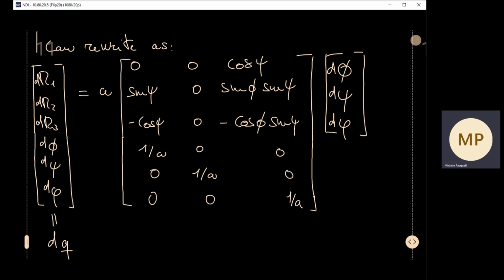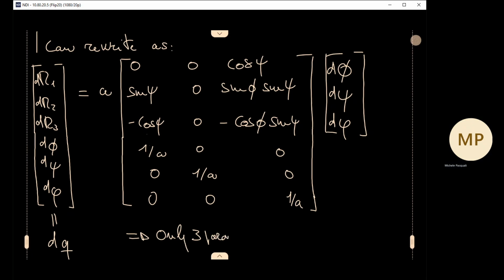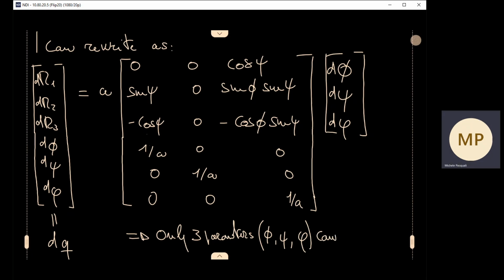Okay, so what we can eventually say is that only 3 parameters, namely phi, capital Phi, psi, and phi, can vary freely.